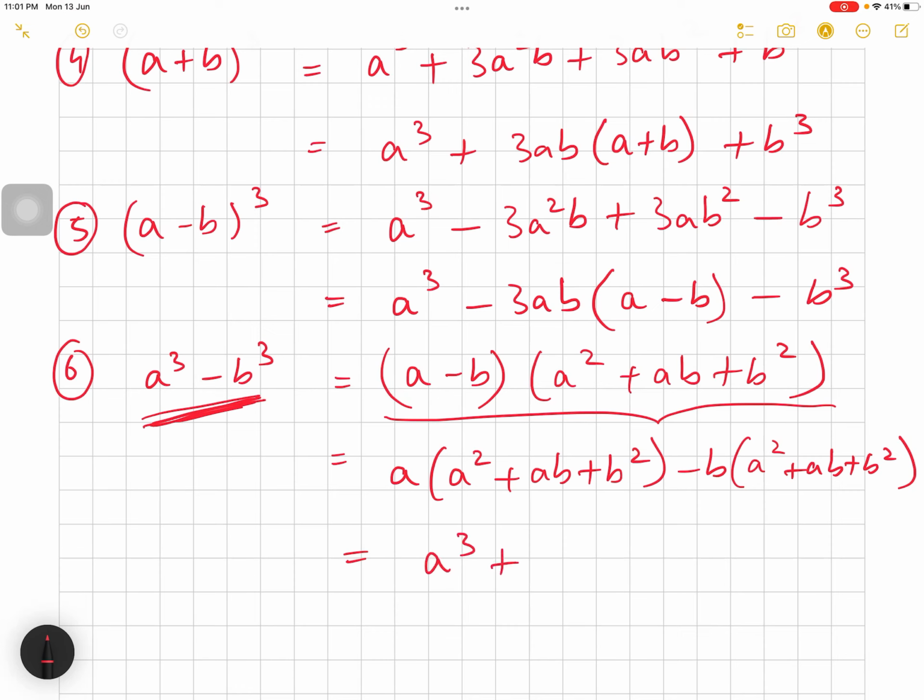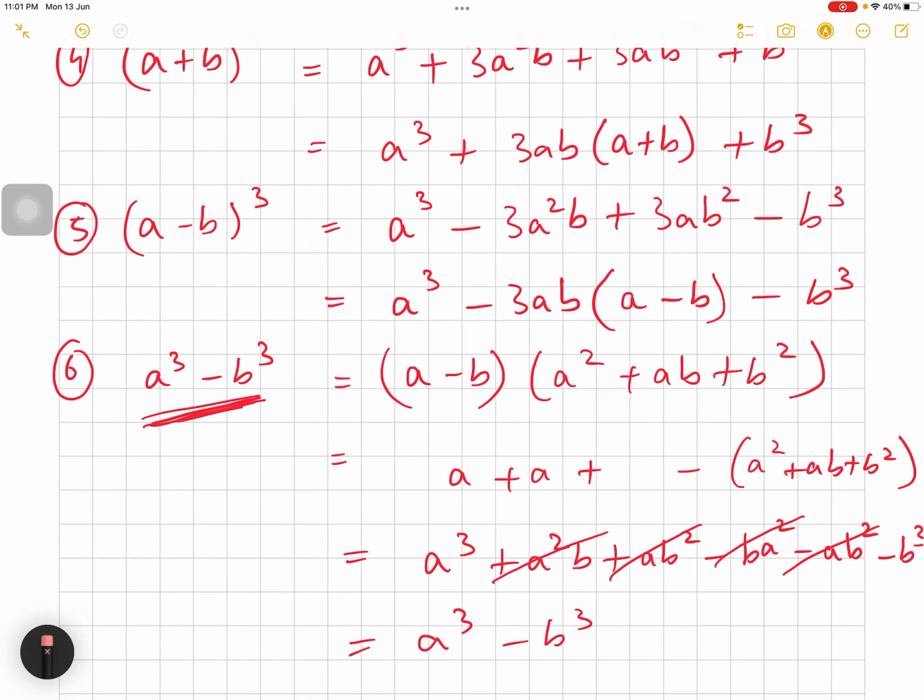Okay, this is a cube plus a square b plus ab square minus ba square minus ab square minus b cube. Yeah, a square b, plus minus cancel. What is remaining? A cube minus b cube is remaining, right? So that means the formula is right.